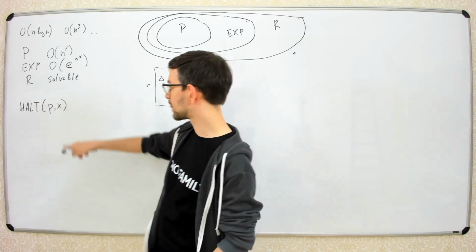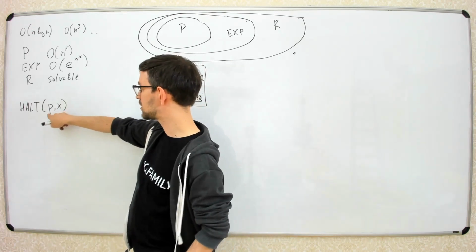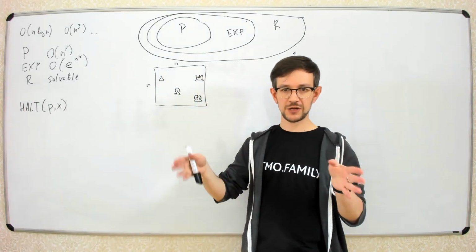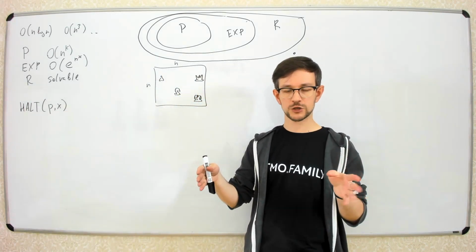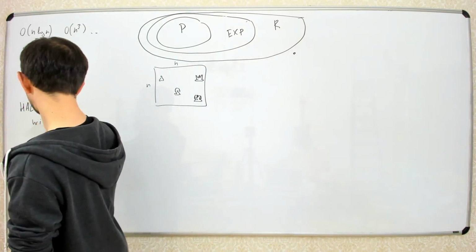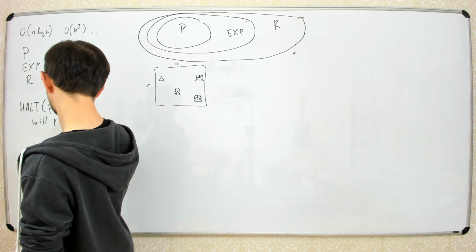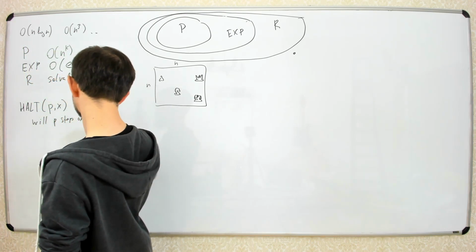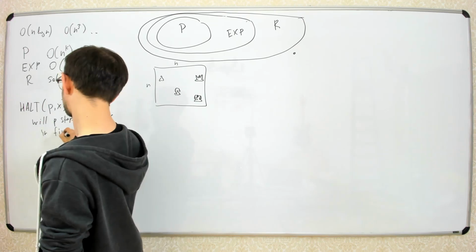If you start your program and give it this input, will it stop in some finite number of operations or not? Will it stop on input x in finite time?